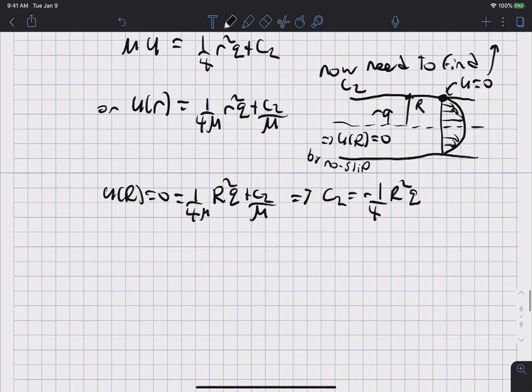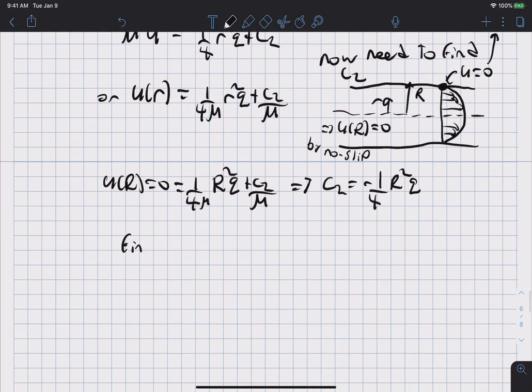So then finally, u of r equals 1/4 Q over mu times r squared minus capital R squared.